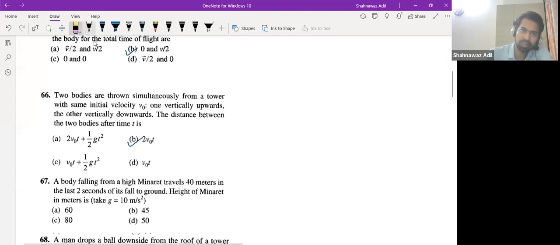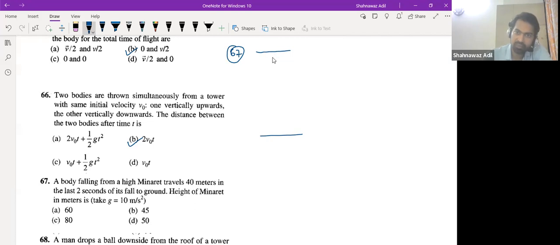A body falling from a high minaret travels 40 meters in the last 2 seconds of its fall to the ground. So we have, let's say, a minaret, right? We have this minaret, and the height of the minaret is not given.